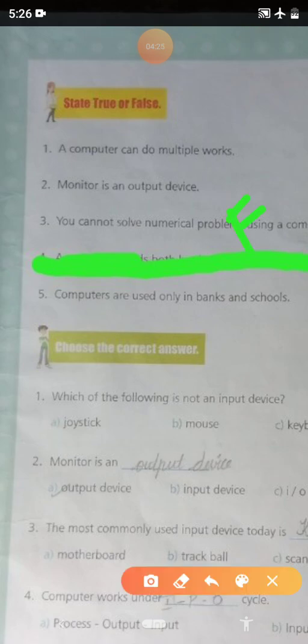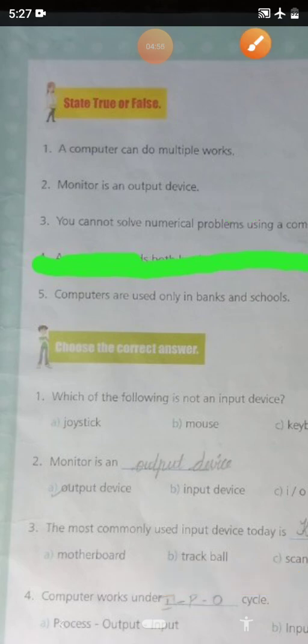Third one, and then not a fourth one, fifth one. Okay, computers are used only in banks and schools. Computer only used in banks or schools? No, it can be used worldwide, like banks, hospitals, in many places, government offices. So it is not only used in banks and schools. It works in many places. So it is false. So first one, second one is true, and third one, fifth one is false.